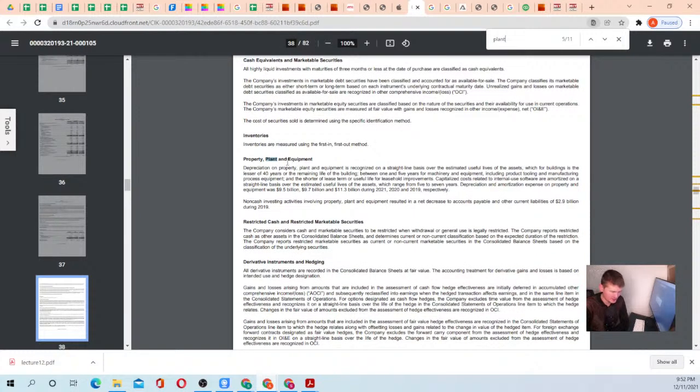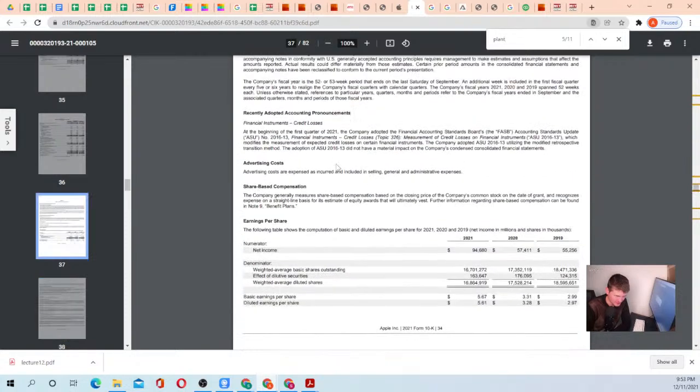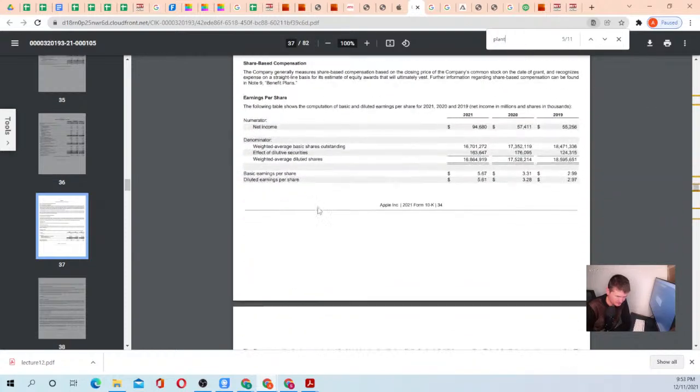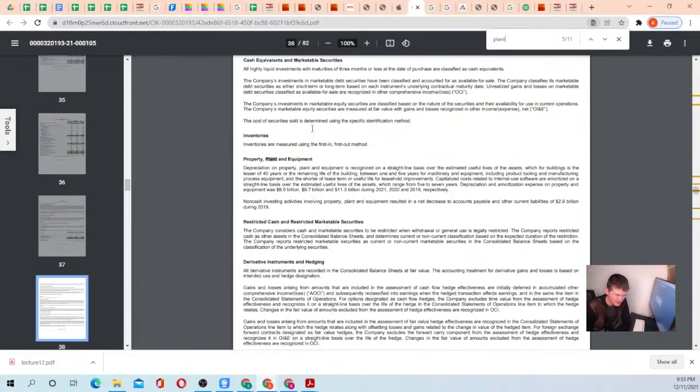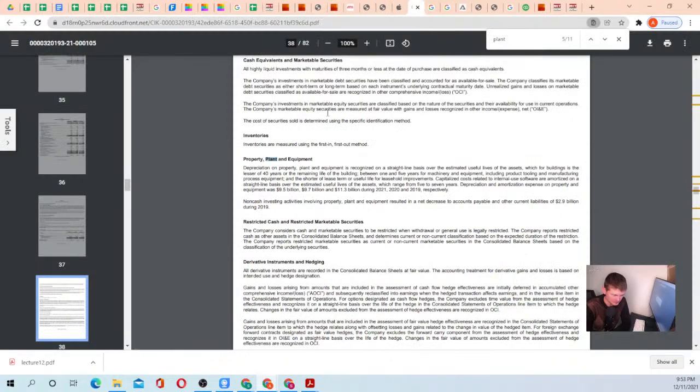Okay, Apple has a short note here about property, plant and equipment, and that's an excerpt from the summary of significant accounting policies. So if you want, you can summarize it somewhere, but I won't do that now.